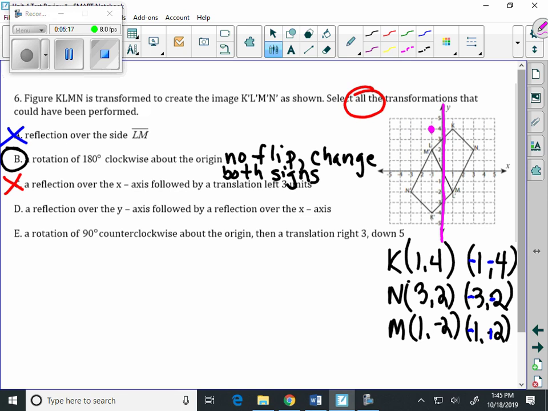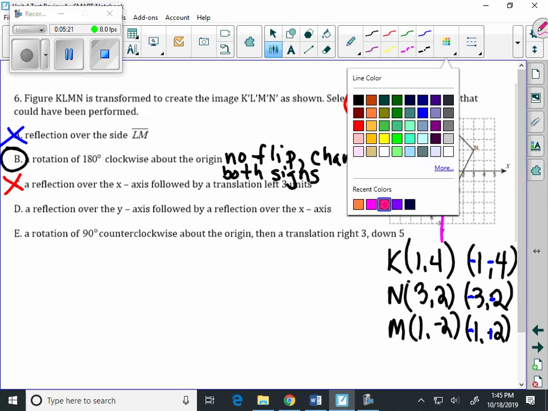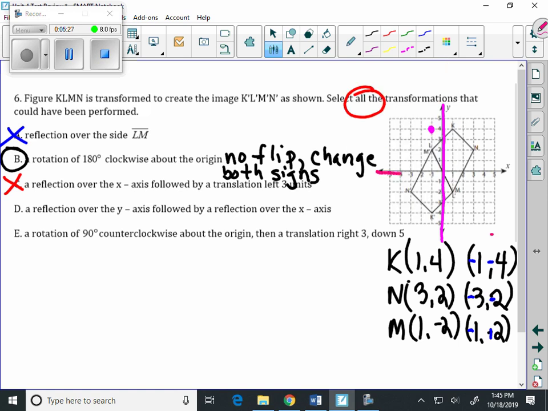But then it says it's going to be followed by a reflection over the x-axis, which is here. And if we reflect it, that pinkish purple point is 1, 2, 3, 4 spaces away. So 1, 2, 3, 4 spaces away. And that was K here, so it did land on K.